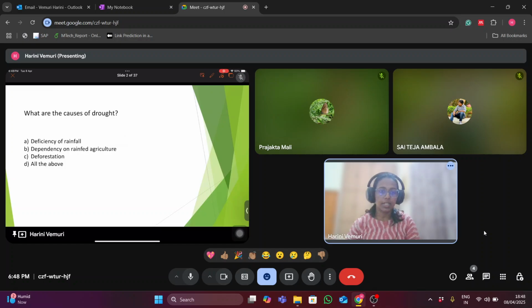So the first question is, what are the causes of droughts? Option A, deficiency of rainfall. Option B, dependency on rain-fed agriculture. Option C, deforestation. Option D, all of the above. We have discussed that all these cause droughts. So the answer is option D.